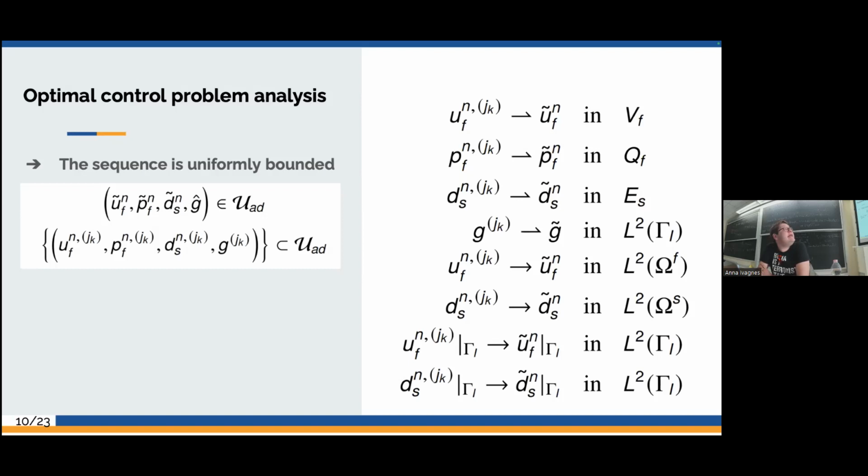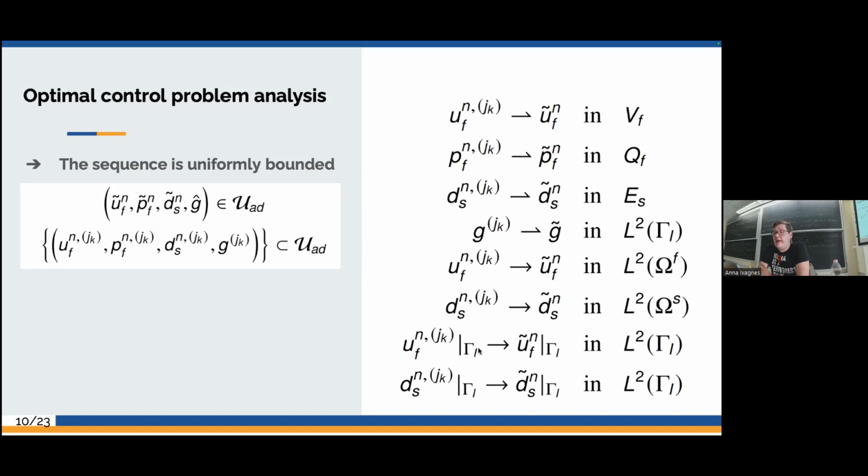And since VF and ES are subsets of the H1 spaces, due to the compact inclusion we can also deduce that they converge strongly in the L2 sense.